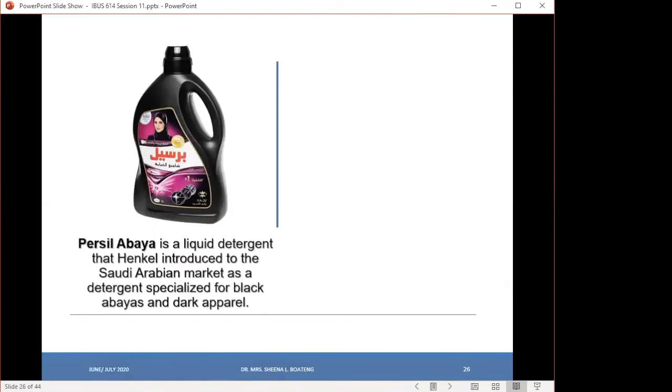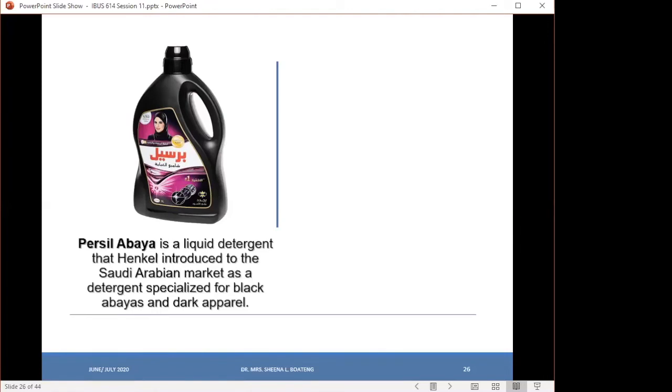This particular Persil laundry liquid was designed specifically for the Saudi Arabian market, and it was called Persil Abaya. Now, Abaya is the black apparel that the women often wear in Saudi Arabia. And we all know the way black fabric behaves, especially when you wash it with detergent that is too strong.